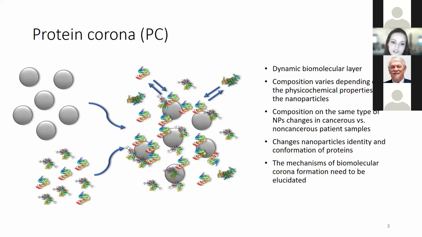But it can also change proteins, causing irreversible changes in their structure, which can lead to the loss of their functionality. It is important that the composition of this protein corona changes based on pathological conditions, for example, in cancer. And therefore, it is important to investigate the mechanism of formation of this protein corona.